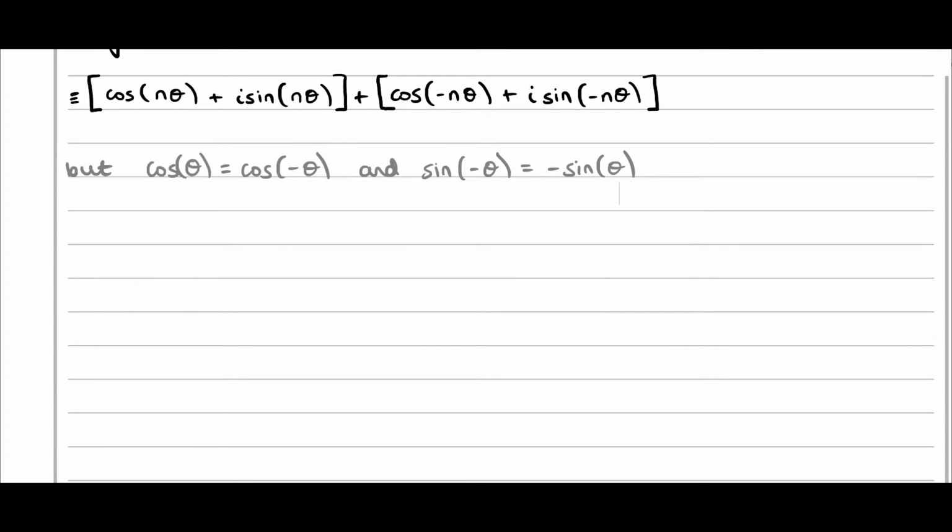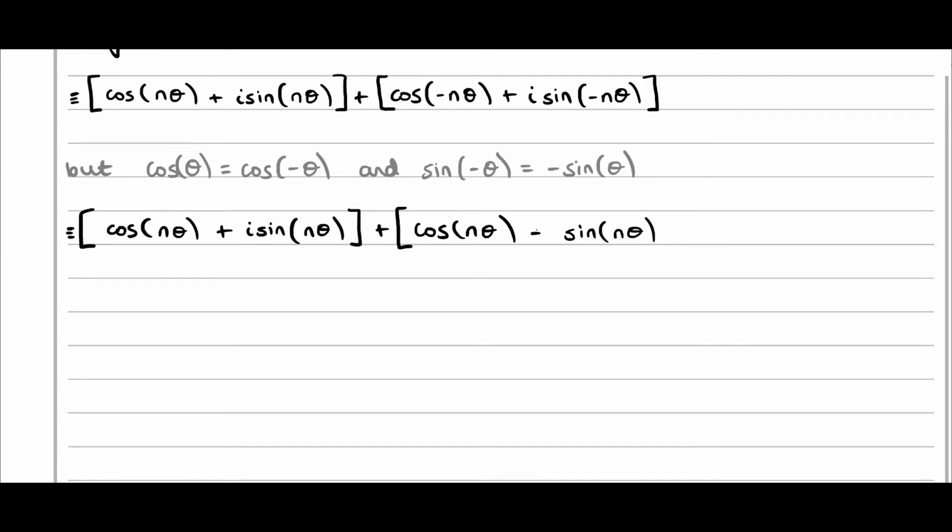The first bracket is fine here, where we have cos of n theta plus i sine of n theta. But this next bracket, cos of minus n theta, that's the same as cos of n theta, and sine of minus n theta, that's the same as minus sine of n theta.